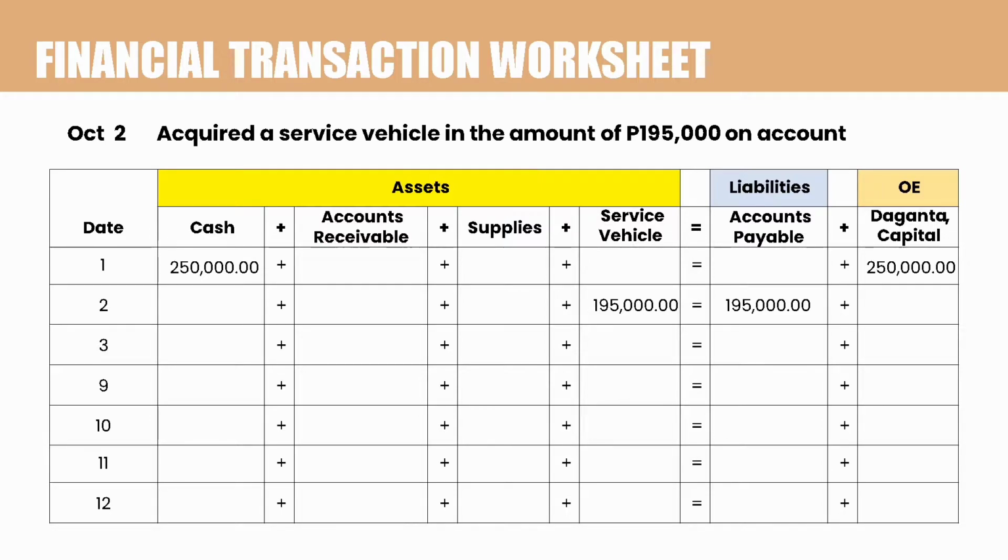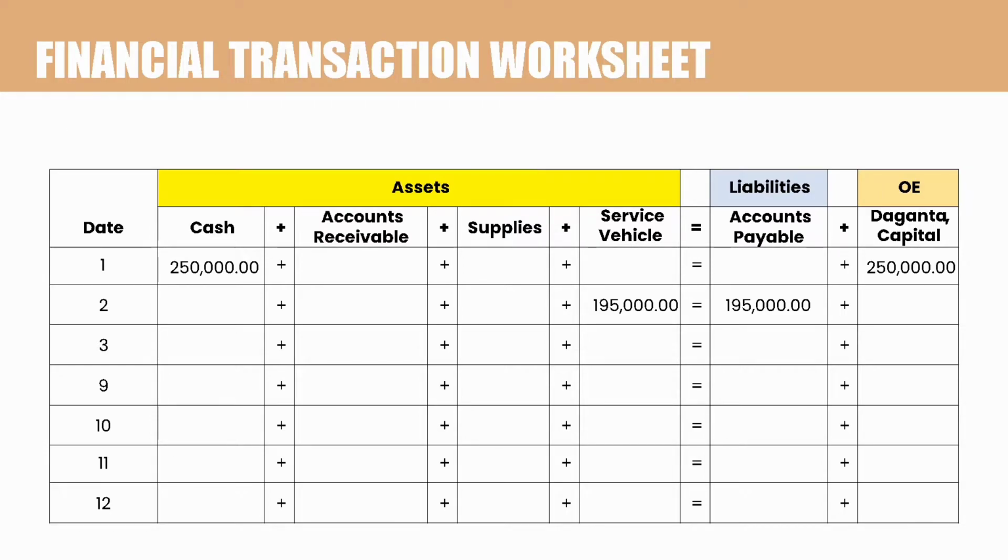Bakit? Kasi, meron tayong key term dito na on account. So, na-acquire daw yung service vehicle na yon through pag-uutang. Okay? Inutang yung service vehicle for it to be acquired.